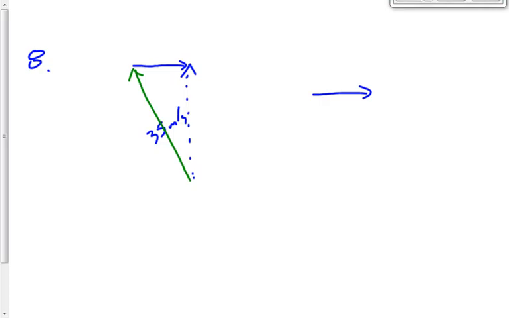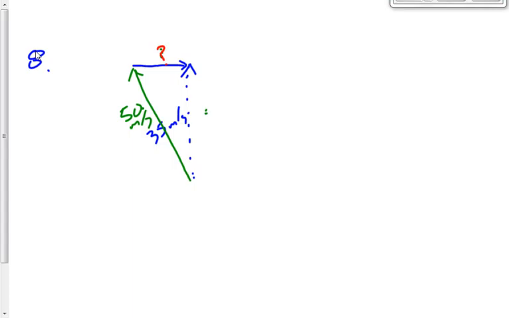That's a solid line vector as well. We know it's not this one because that's the current, and it's not this one because that's the dotted line vector. So this one must be the 50 meters per second. We want to solve for the speed of the current.